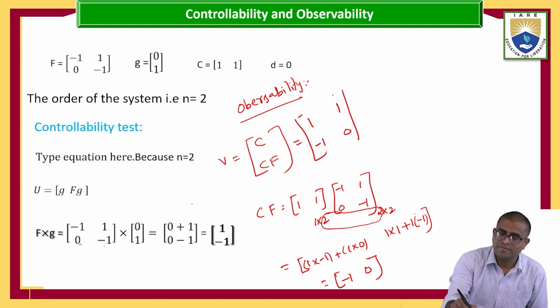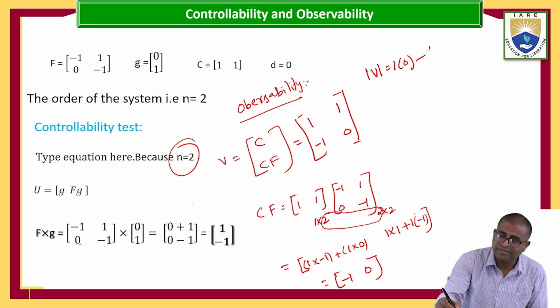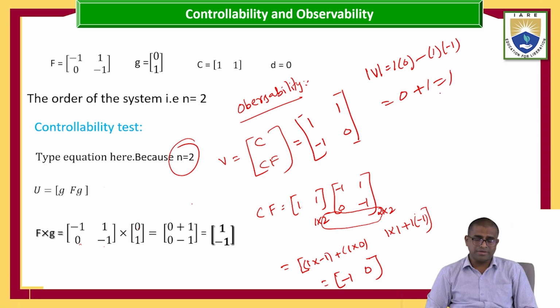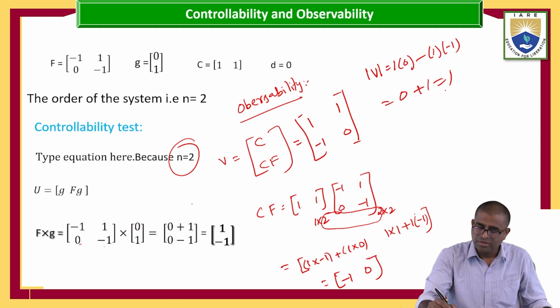Here n equals 2, remember. Coming to the rank, for finding the rank, first you have to find the magnitude of this matrix, that is AD minus BC: 1 into 0 minus 1 into minus 1, which equals 0 plus 1, that equals 1. The magnitude is 1, so it is not getting 0.